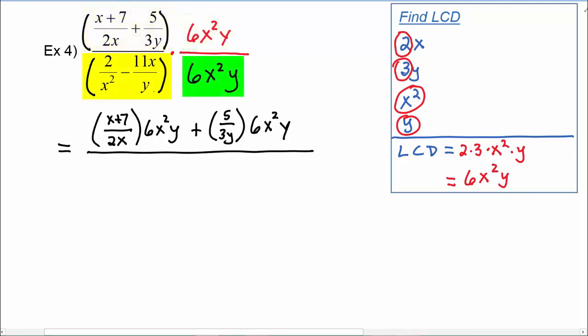And in the denominator, we'll have 2 over x squared times 6x squared y minus 11x over y times 6x squared y.